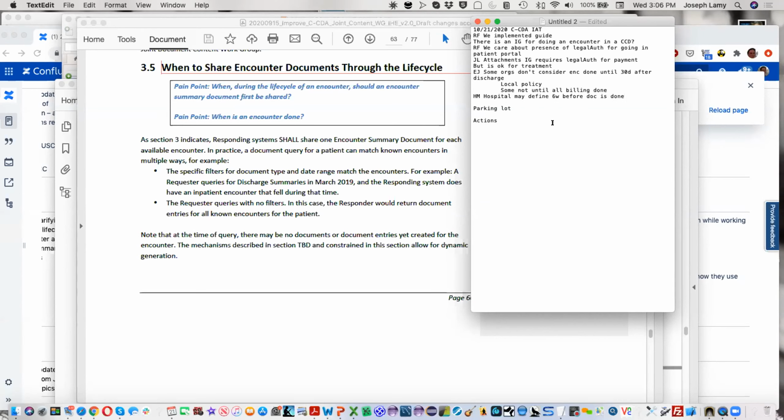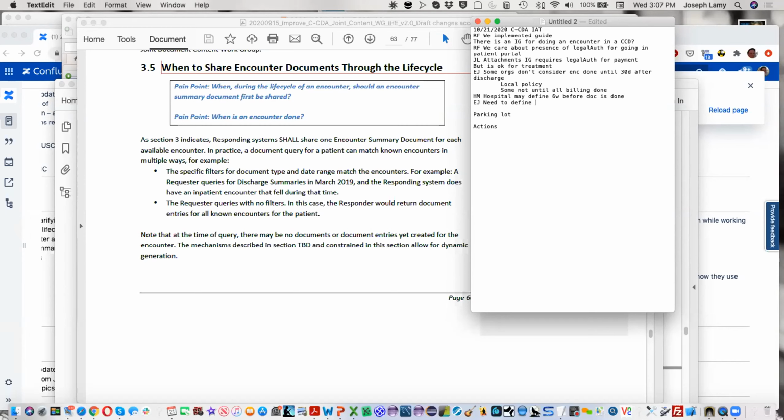This is the definition that we will need as an implementer: what do you define as an encounter being done? Really, for me to give guidance, I'm not saying that they don't let the encounter out the door.